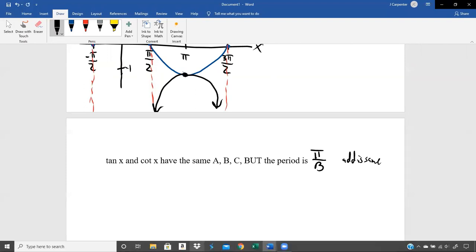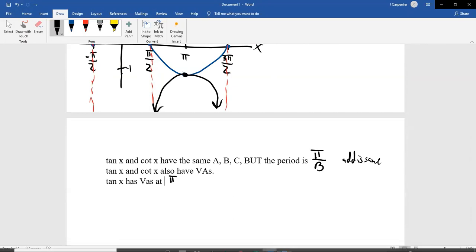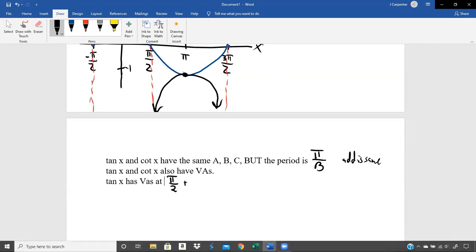All right, tangent and cotangent also have vertical asymptotes. Tangent has vertical asymptotes at pi over 2 plus n pi.